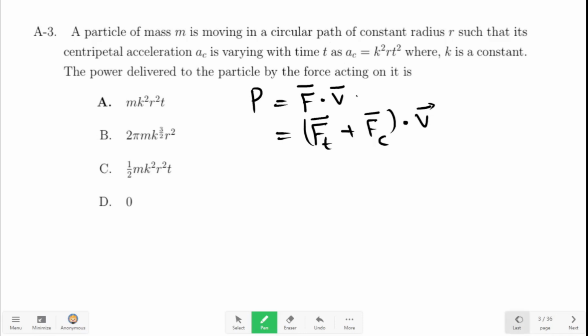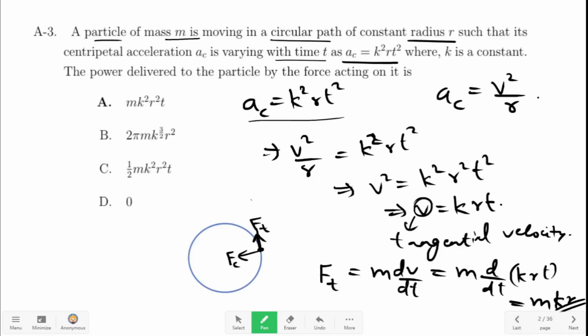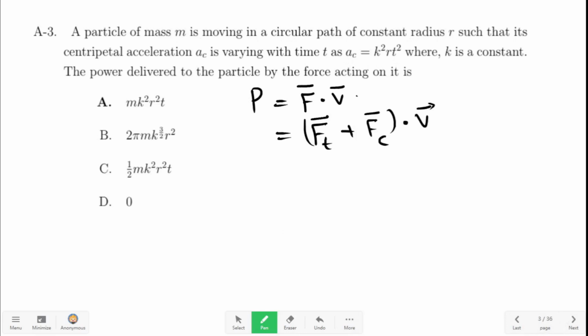Now velocity of the particle is always tangential to the path, so velocity is also along f of t. Therefore ft dot v is equal to simply fv.